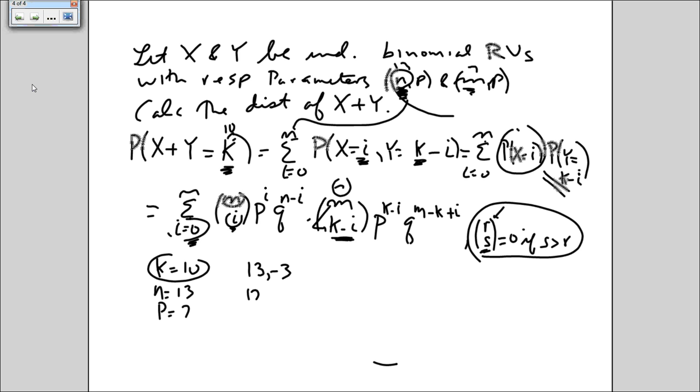You can't have 12 and negative 2. They add up to 10, but you can't have these. You can't have x being 11 and y being negative 1. And I meant to say m is 7.